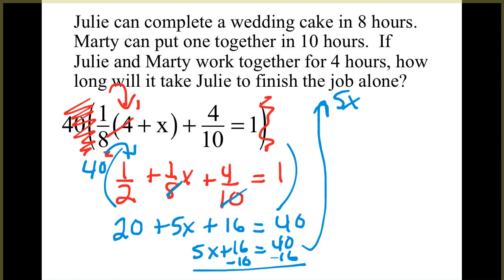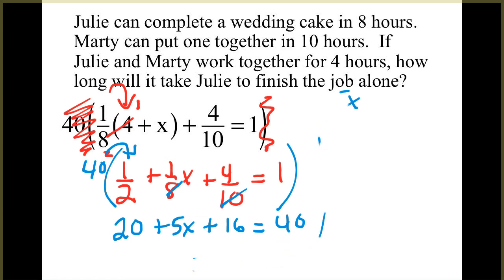I forgot to, let's go back a minute, to combine my like terms. There we go. So I get 5x plus 36 equals 40.